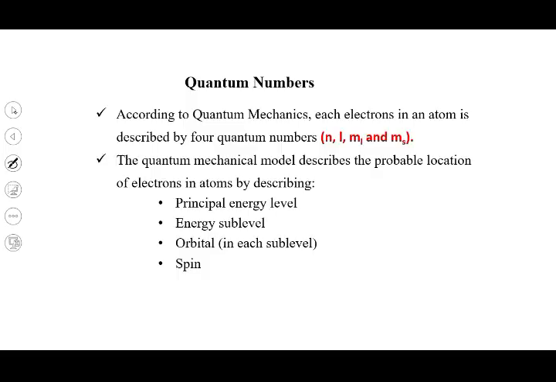The quantum mechanical model describes the probable location of electrons in an atom by describing the principal energy level, energy sublevels or subshells, orbitals in each sublevel, and the spin of the electron.